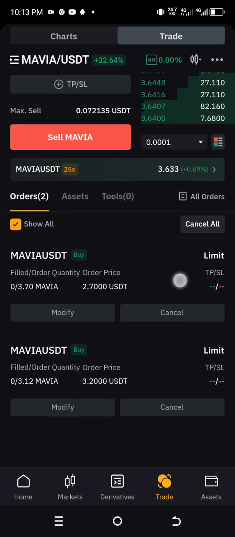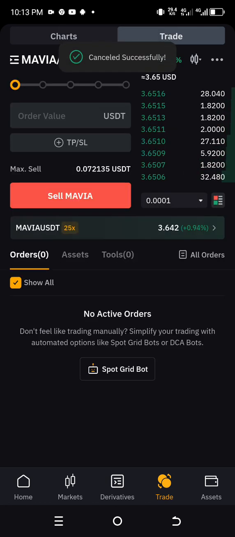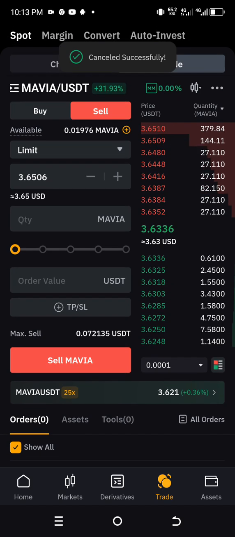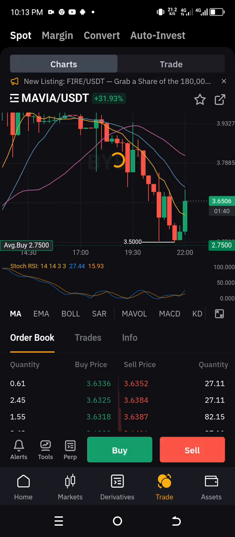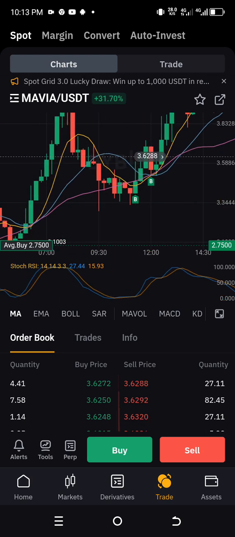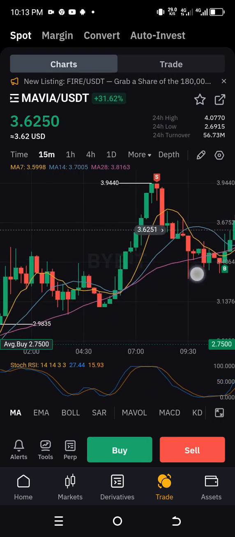I'm holding some, so let me just cancel. I'll open some trade. Come to this place and look at the market, whether it is okay for you. Also look at the previous move. You can see from here to there.